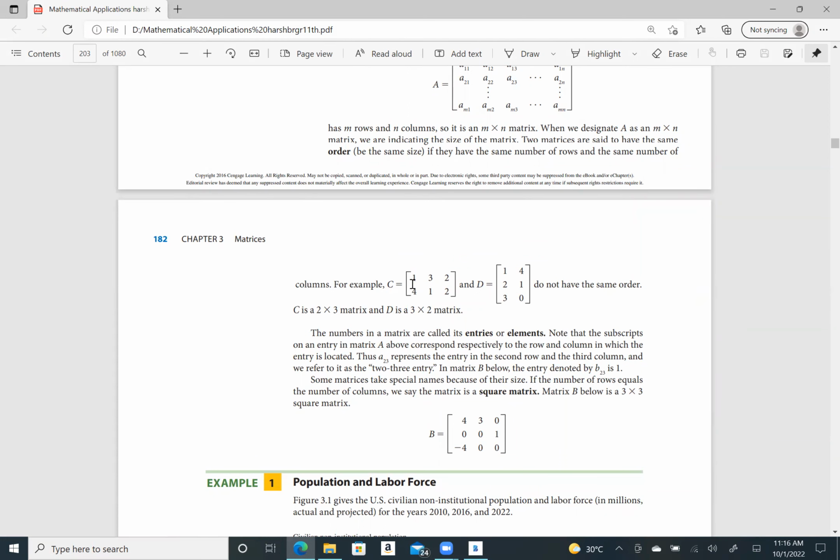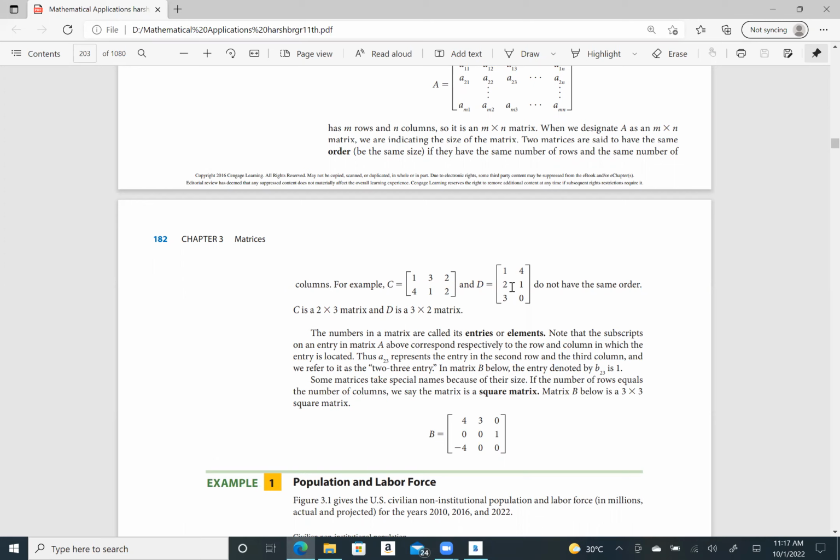So another example, you have a C here. Okay, matrix C. All right, what is the size of the matrix C? 2 by 3. I have 3 rows, I'm sorry, I have 2 rows, 3 columns. You have D here. On the other hand, D is equal to 3 by 2.